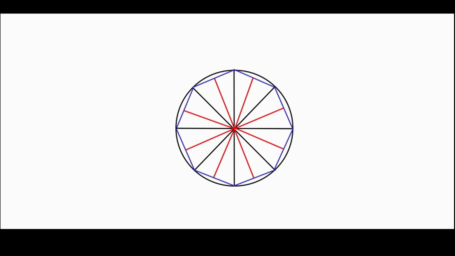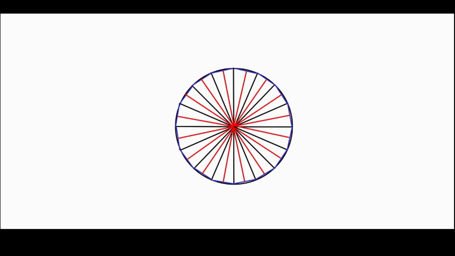Now, as our slices get thinner and thinner, the height, which is the length of these little red lines, gets closer and closer to the radius of the circle, and the base of the triangle gets closer and closer to the length of a little segment of the circle.